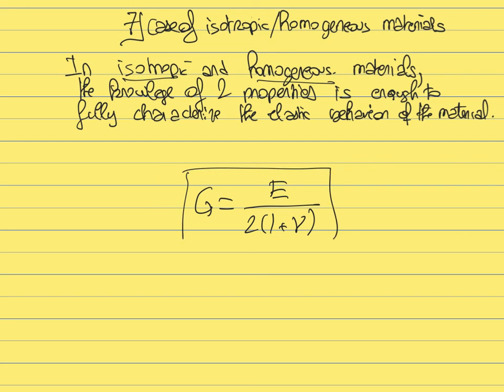So this is the general relationship for those materials that relates those three elastic properties. It means that if you know the Young's modulus and the Poisson's ratio, then you can calculate the shear modulus, and vice versa. For example, if you know the shear modulus and the Young's modulus, then you can calculate the Poisson's ratio. So if you know two of those elastic properties, then you can calculate the remaining one. But just again, keep in mind that this relationship is only valid for isotropic and homogeneous materials.